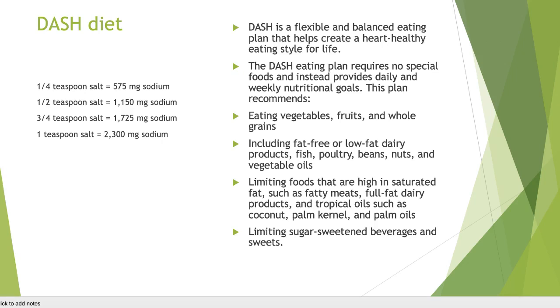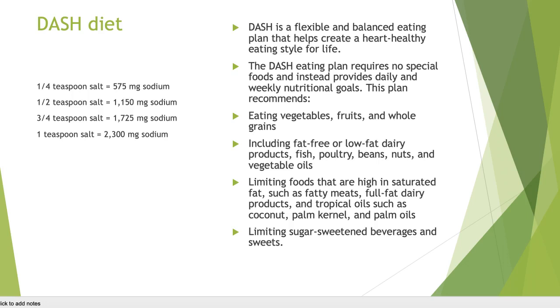Just another slide about the DASH diet. The DASH diet is a flexible and balanced eating plan that helps create a heart-healthy eating style. It does not require any special foods. Instead, it provides daily and weekly nutritional goals.